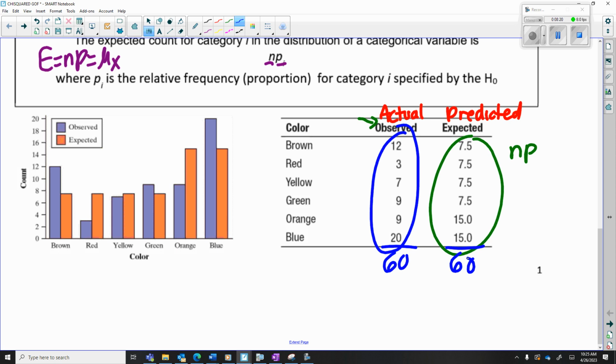So from the bar graph you can see that some colors are more predictable, like yellow, it seemed like what actually happened was what was predicted to happen, but something like blue, it seemed like what actually happened was we got a greater percent of blue than what was predicted. Okay, so we want to know how statistically significant this is. Is it significantly different, the observed counts from the expected, and the breakdown that they were predicting, is it totally off, or is it consistent with what they averaged?